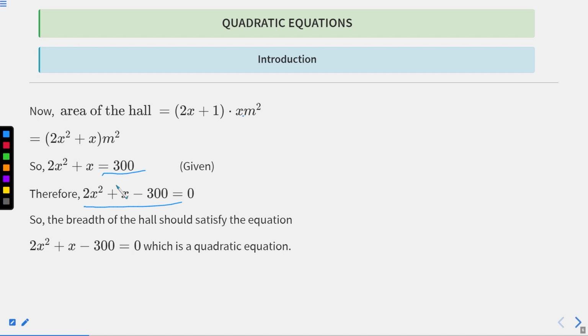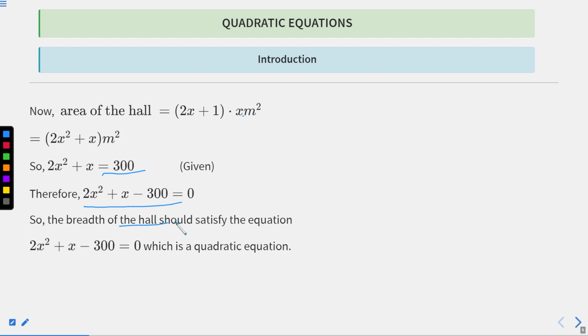So here 2x square plus x minus 300 is a quadratic polynomial and this is equal to 0. So now this is a quadratic equation, 2x square plus x minus 300 equal to 0. Okay, so the breadth of the wall should satisfy the equation 2x square plus x minus 300 equal to 0, which is the required quadratic equation.